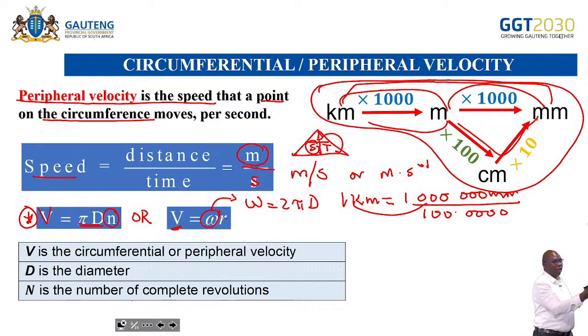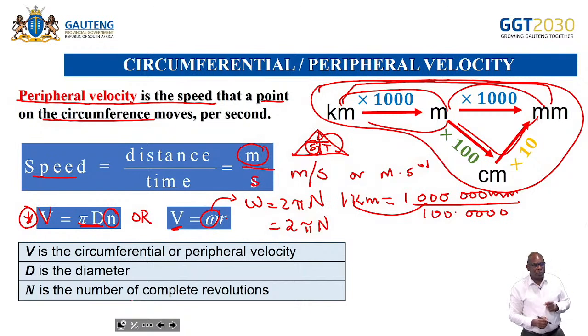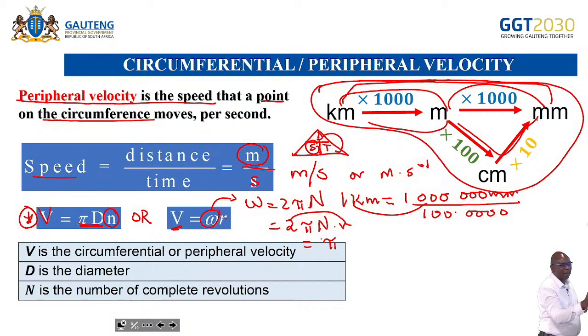So if I multiply it by r, it will be 2 pi n multiplied by r. You know that 2r gives me a diameter, so I'm going to have pi multiplied by the diameter multiplied by n, which is the same formula as that.